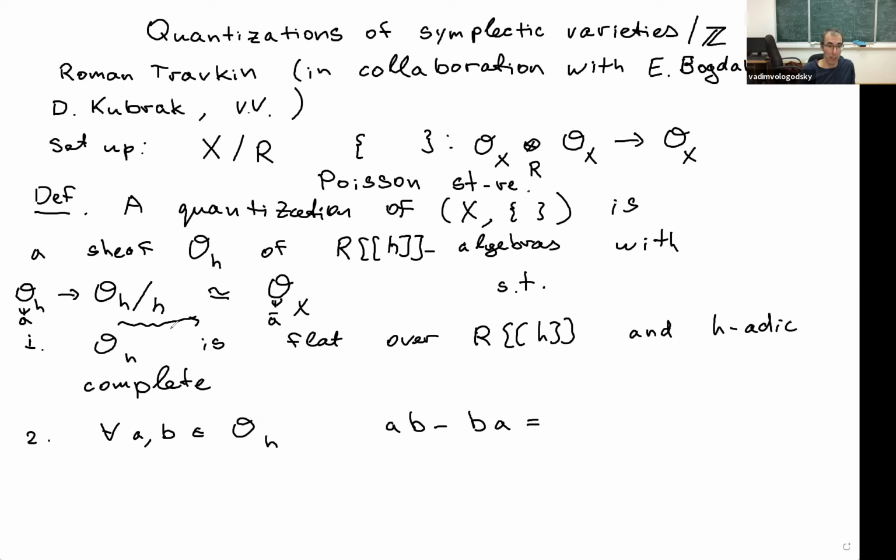Because O_h is flat, it's uniquely divisible by h. And the condition is that this is the Poisson bracket of a bar and b bar modulo h squared. Okay. So one can check that quantization of an affine variety is the same thing as quantization of the algebra of its global functions. And here is the basic example of quantization.